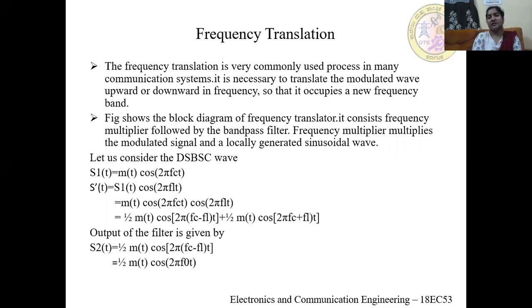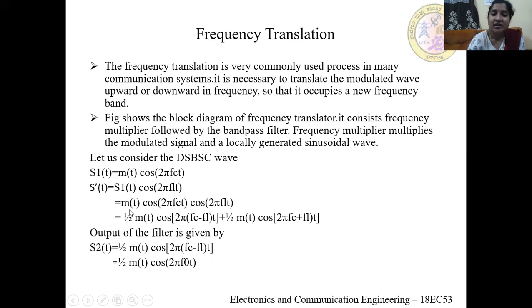Here is the mathematical representation of this frequency translation. Let us consider the DSBSC wave where S1 of t is equal to m of t into cos 2 pi fc t. It is the input. S dash of t is equal to S1 of t into cos 2 pi fl t.